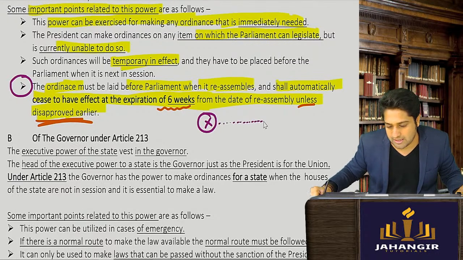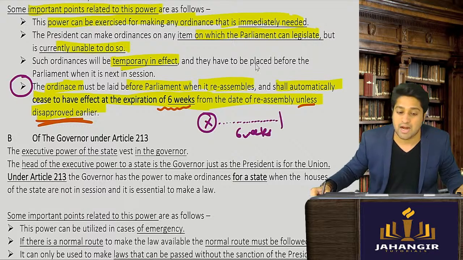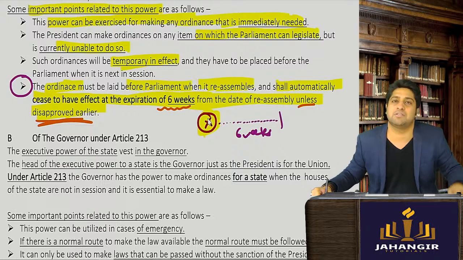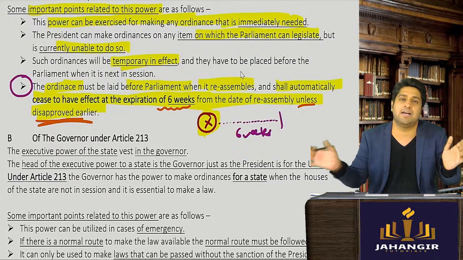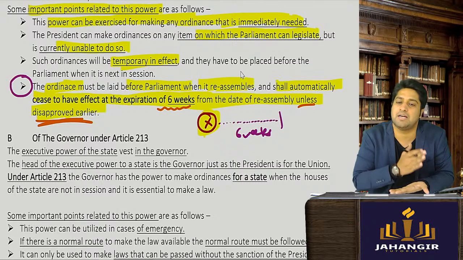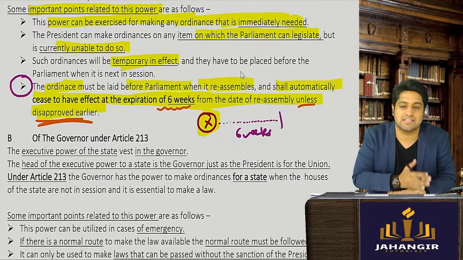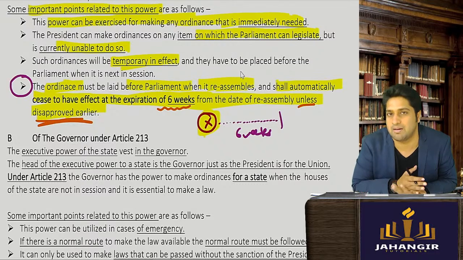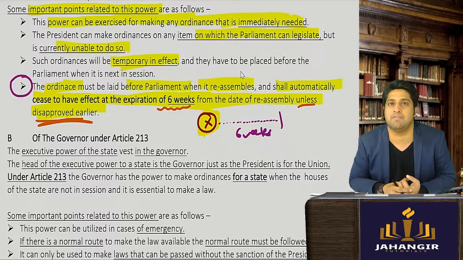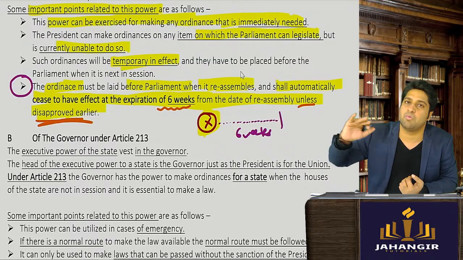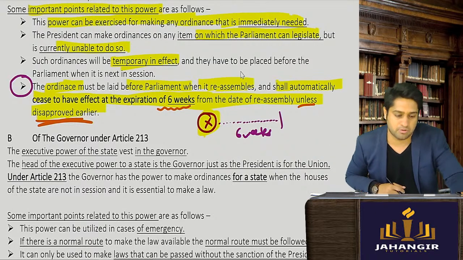Till 6 weeks after the Parliament reassembles, it will be valid, unless the Parliament makes it invalid before 6 weeks, in which case the validity will be cut short. But the maximum validity is the next 6 weeks once the Parliament is in session. If the Parliament wants, they can make this invalid much earlier.